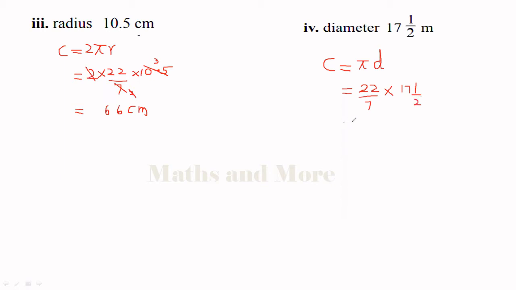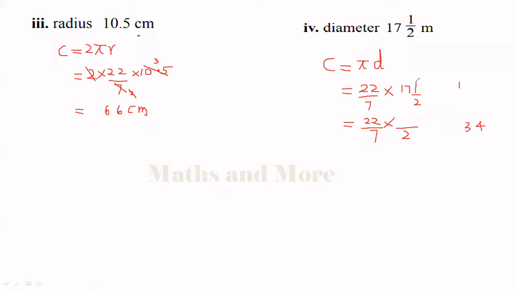In the next step, let's convert that into an improper fraction. 22/7 into, the denominator is 2. 17 multiplied by 2: 2 into 7, 14. 1 remaining, 2 into 1, 2, 2 plus 1, 3. 34.